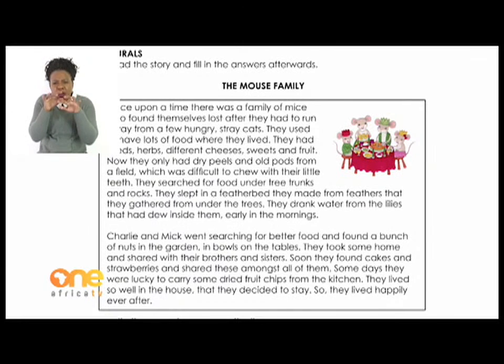Early in the mornings, Charlie and Mick went searching for better food and found a bunch of nuts in the garden, in bowls on the tables. They took some home and shared with their brothers and sisters. Soon they found cakes and strawberries and shared these amongst all of them.